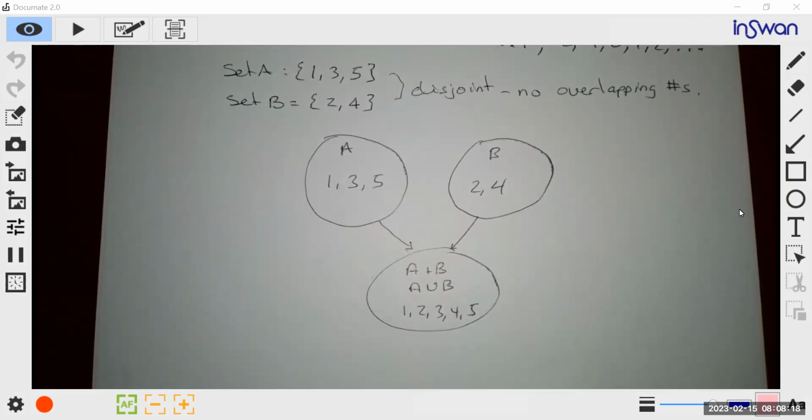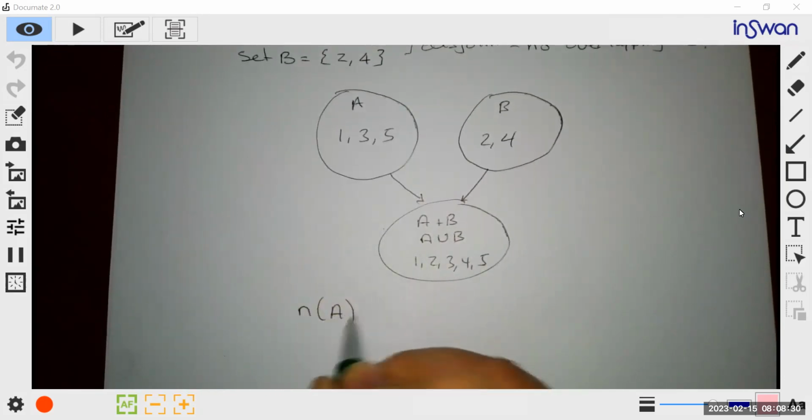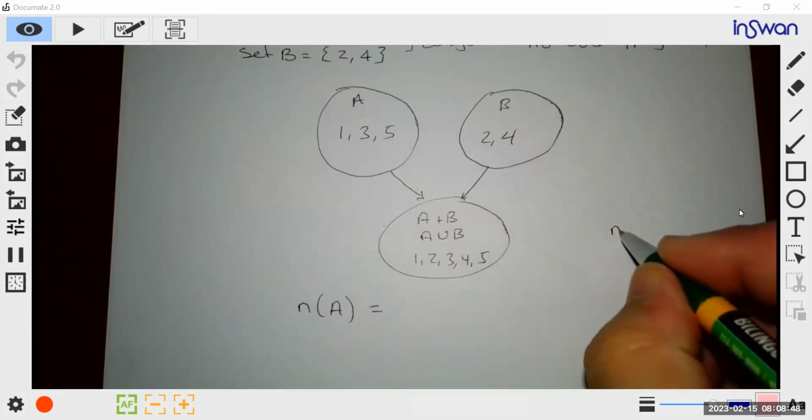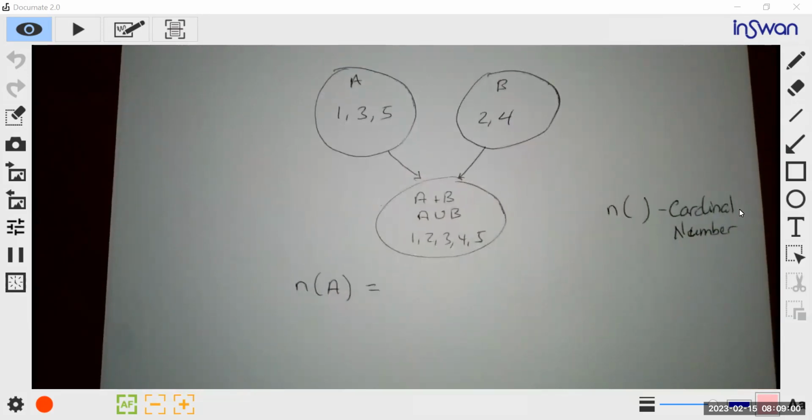Now, how can we relate addition, the true definition of addition, to sets? What does that represent? That stands for the cardinal number. So what does the cardinal number represent?